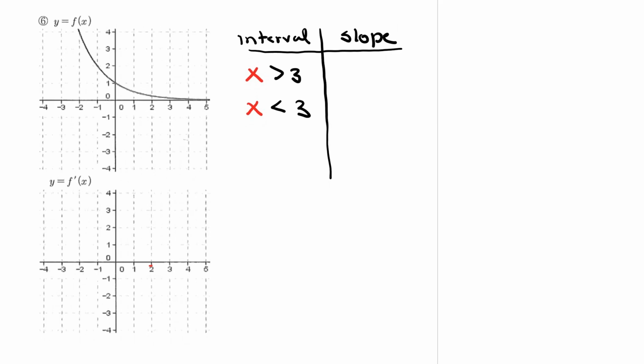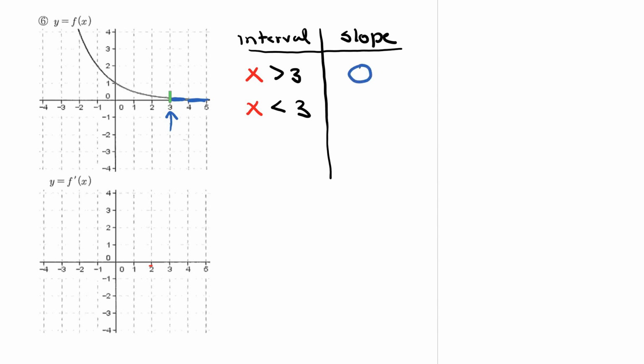All right, so for question number 6, this one's a little bit interesting here because we don't have any max or min points. But when I look at the x value of 3, and if I take a look at the slopes here, those tangent lines resemble a horizontal line to me in a way. So I would say when you're greater than 3, the slopes are very close to a height of 0, very close to a height of 0.